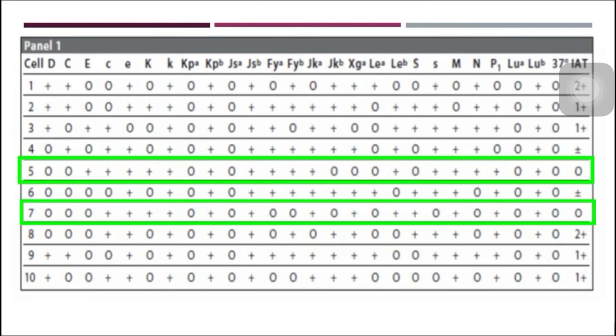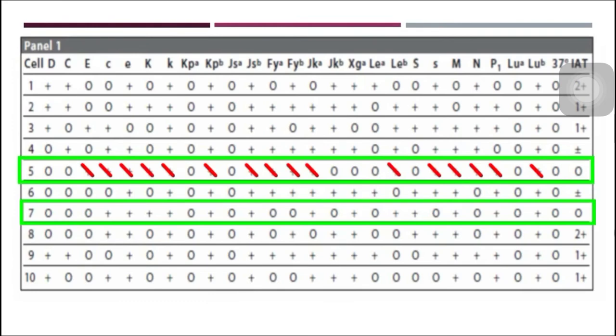Anong panel cell yun? That's cell 5, right? And cell 7. Since negative reaction ang 37 degrees and IAT, lahat ng may positive ay i-cross out na natin. For panel 5, cross out na yan. So, yan na lang naiwan.